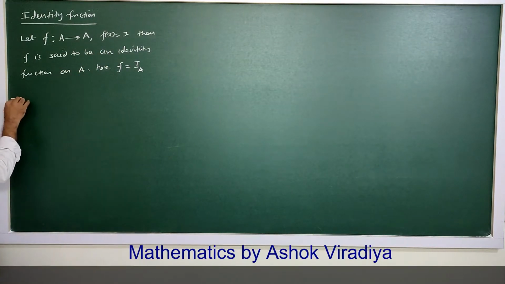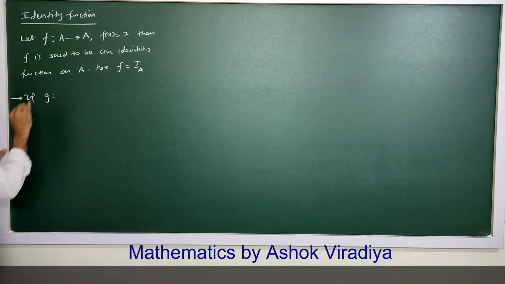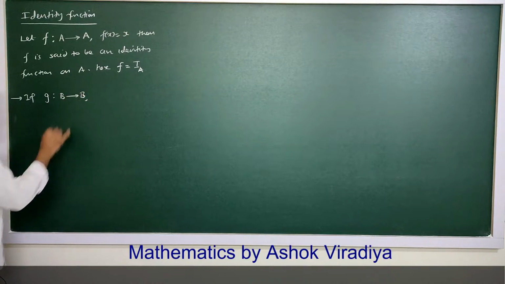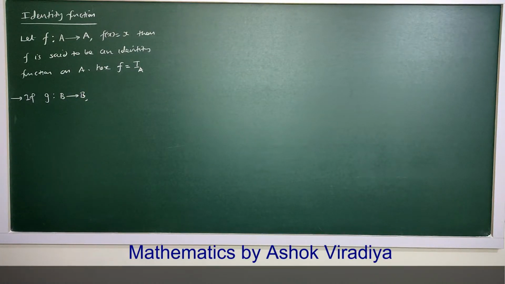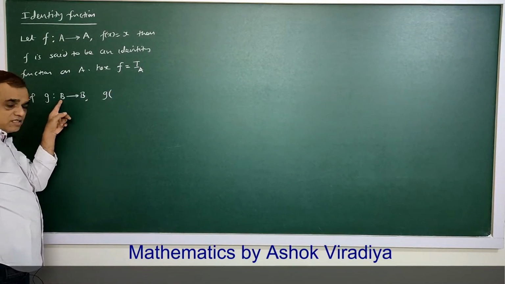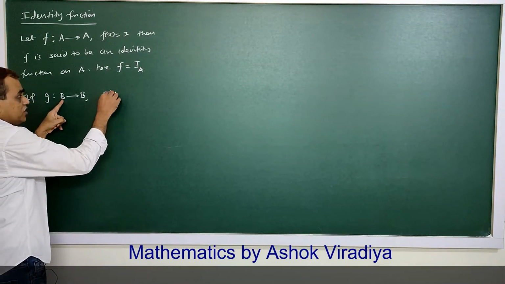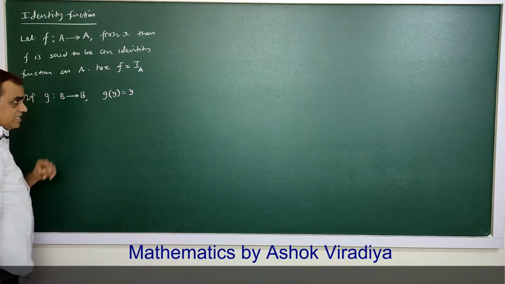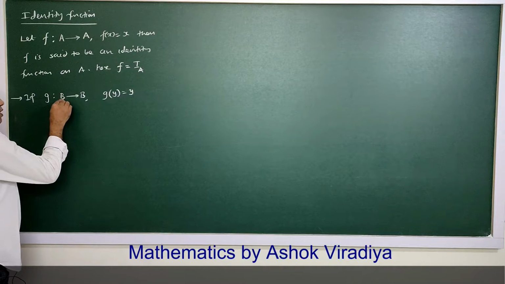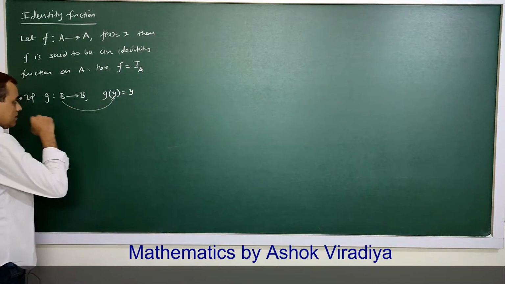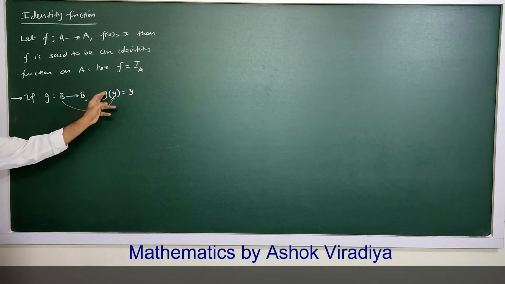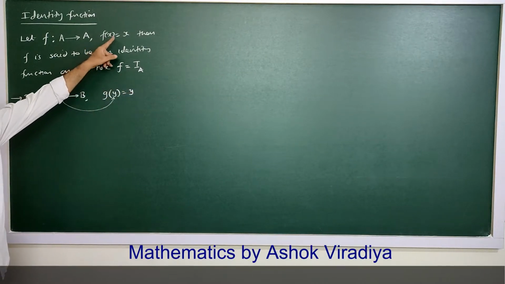If I take a function g whose domain is B, codomain is B, and for every y belonging to B, g(y) equal to y. For every element y from B, when g works on y, it keeps element unchanged. g of y is y, like f of x is x.